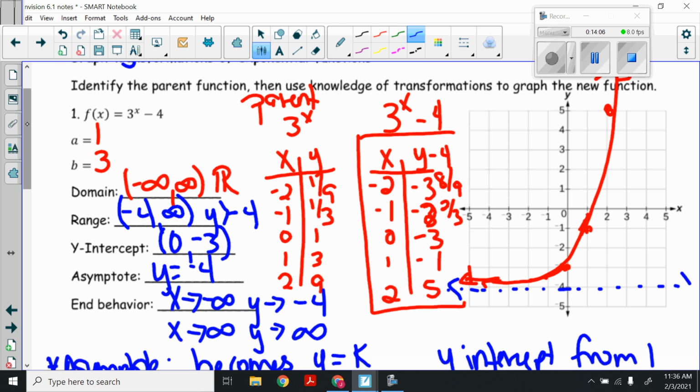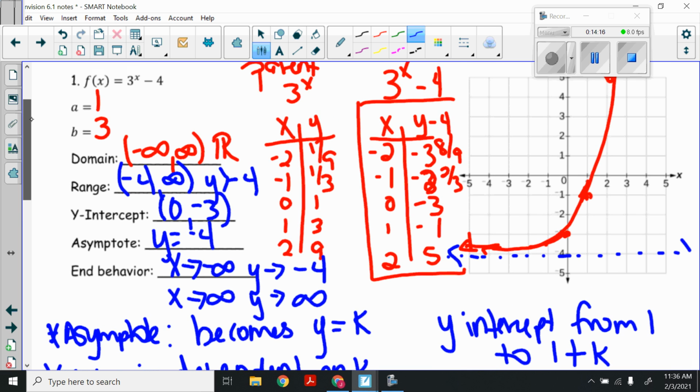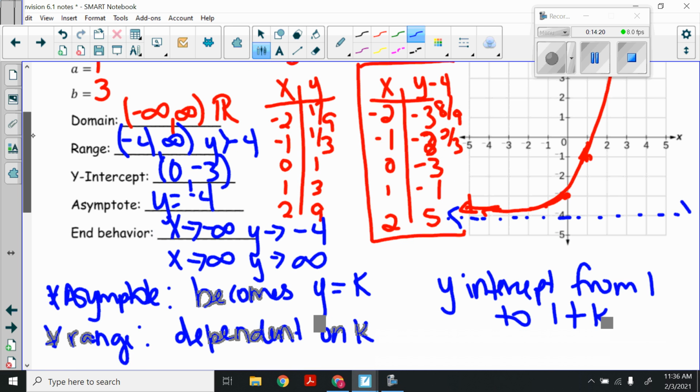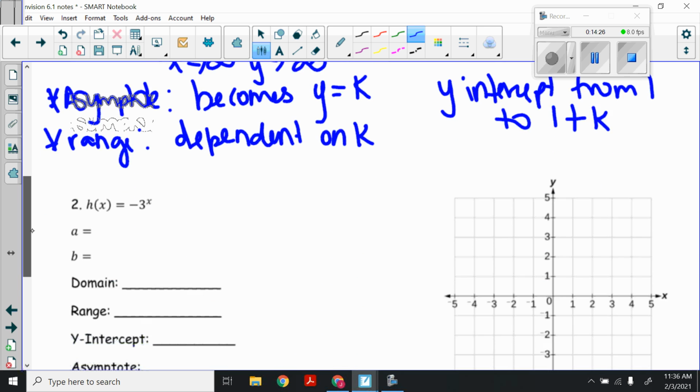If I have an a value, then that a value is also going to affect my y-intercept. But here I don't have an a value. I have a k. So 1 plus my k puts me at my y-intercept here. So there's our graph. So let's look at another one of these.